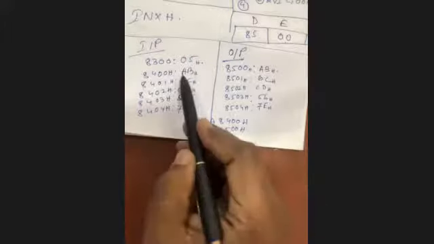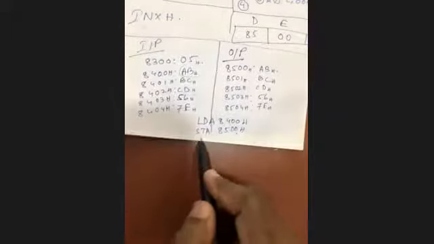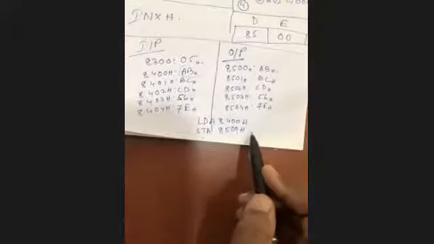This AB will be stored in the accumulator. And what is the function of STA 8500H? This AB will be stored in 8500H. Next instruction, STA 8500H. Done. So this memory location is done.